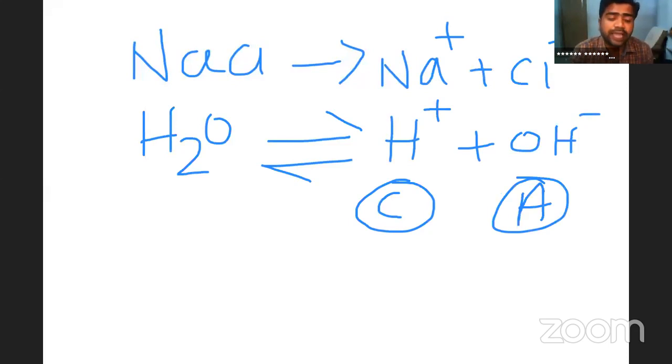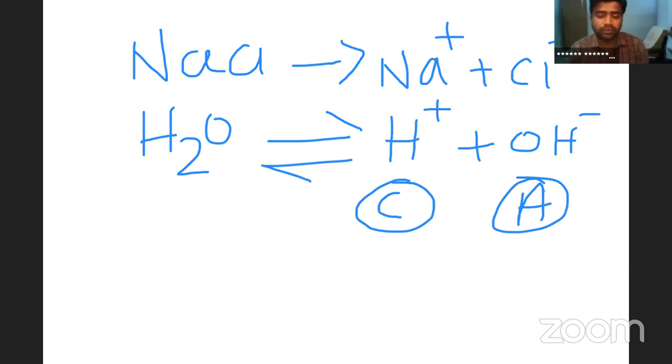At cathode, H plus ions have lesser discharge potential than your sodium ions. Similarly, at anode, the chlorine ions, Cl minus ions, are discharged in preference to OH minus ions. Both Na plus and OH minus remain in solution as NaOH.